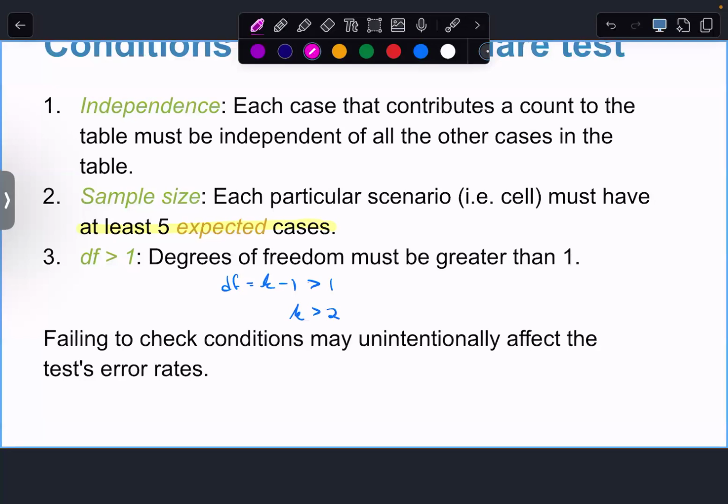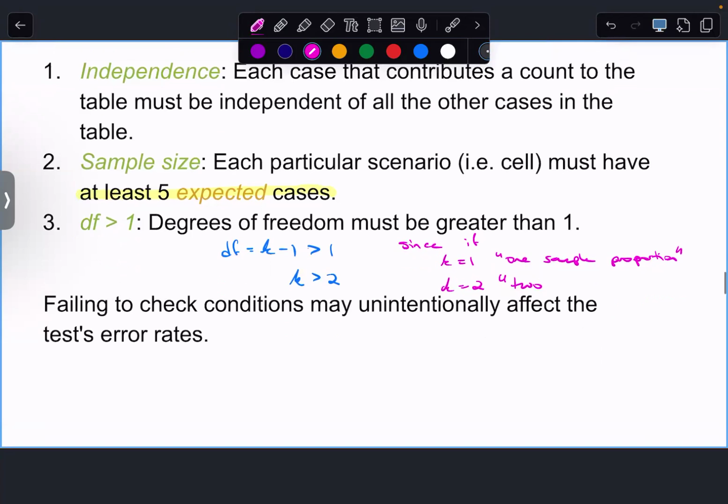So if k is equal to 1, then I have a 1 sample proportion question. And if k is equal to 2, you guessed it, I have a 2 sample proportions question. If I have 2 groups, I would just treat it as 2 sample proportions and use the Z distribution, which is arguably more powerful than the chi-squared.